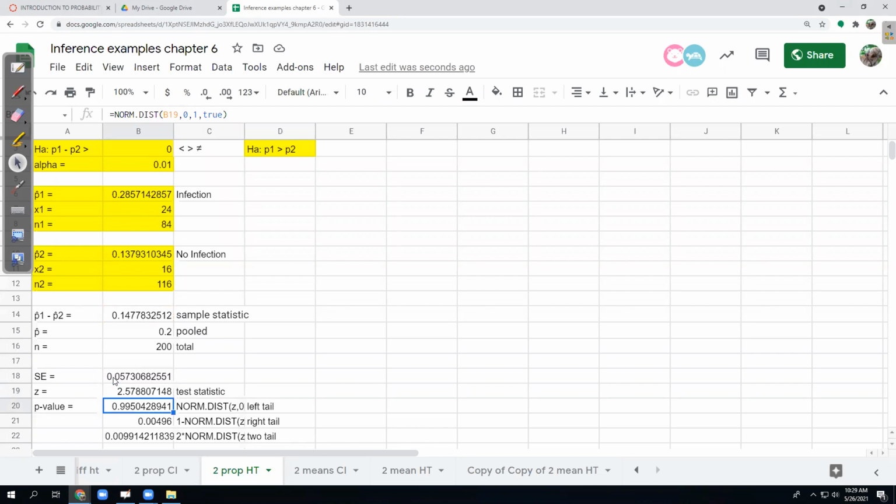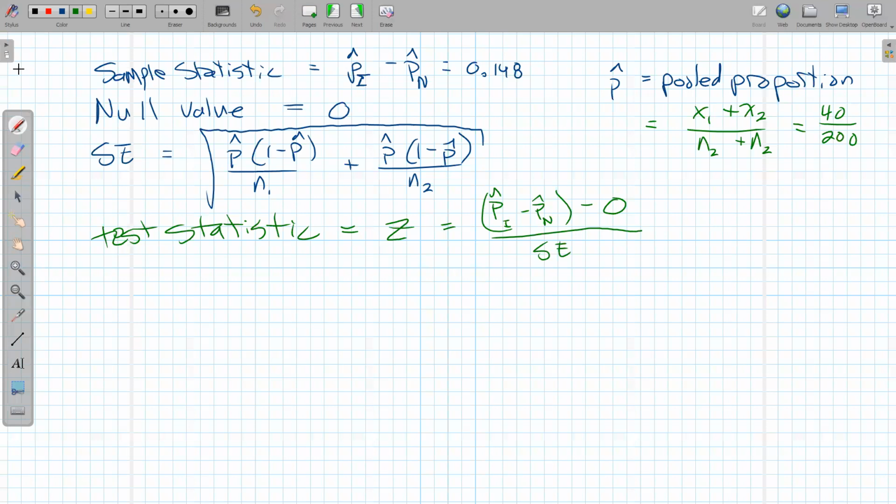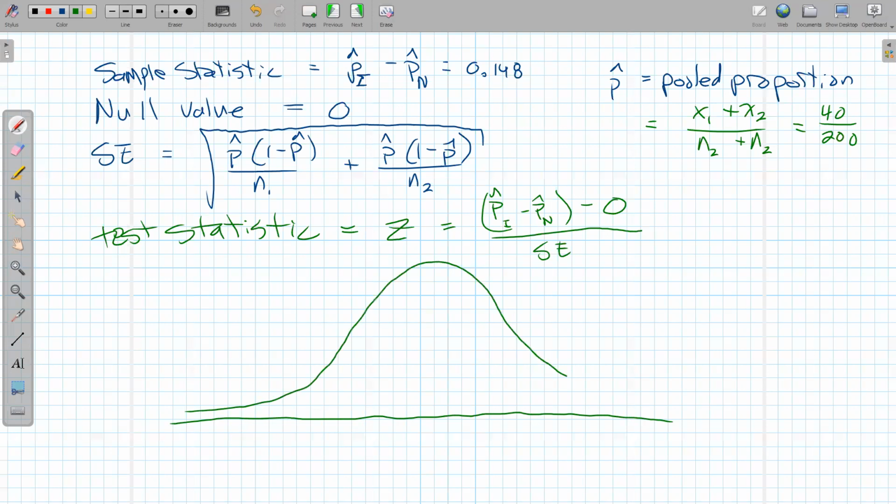So I just want to draw a quick picture of where we're at here before I talk about the p-value. Often I draw these pictures to make sure I'm coming up with the right conclusion. In the middle here, we're assuming there's no difference. We have an alternative hypothesis that the difference in proportions is greater than 0. So that means I'm in the right tail here. I calculated a z-score of a little more than 2.5.